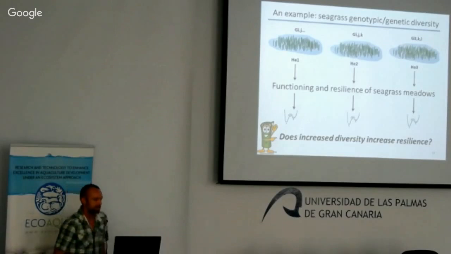So, as I said yesterday in the workshop, we can tackle this issue with different approaches. We can, of course, set up experiments in the field working with seagrass meadows that we already know have different types of genetic diversity, but we can also do manipulations in mesocosms, and we can work with monocultures and polycultures, okay?